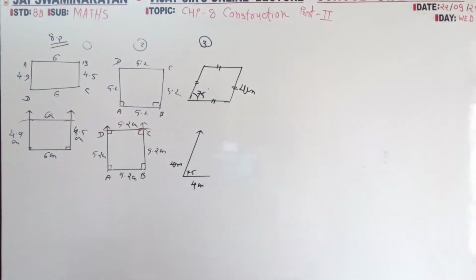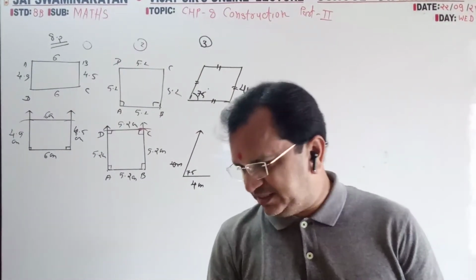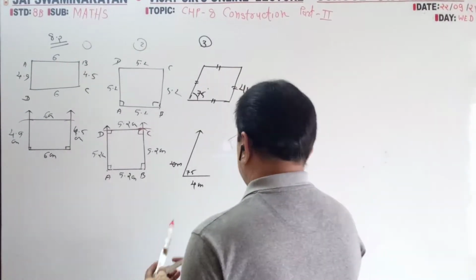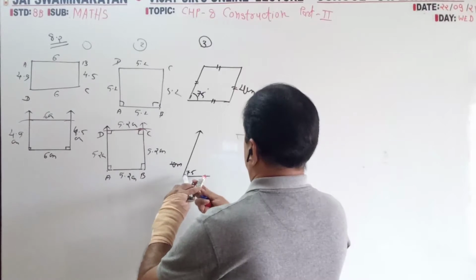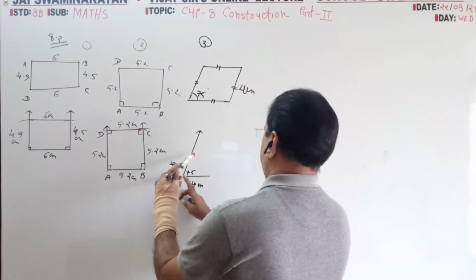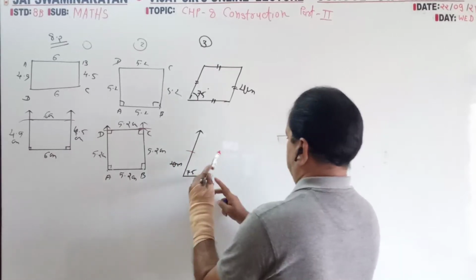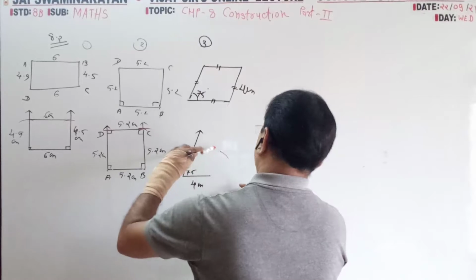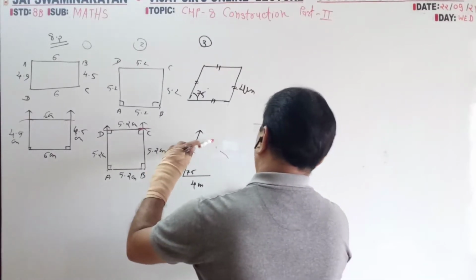Now all arcs are equal because all sides are equal. This is 4, so from here also it is 4. This is 4, so from here it is 4.